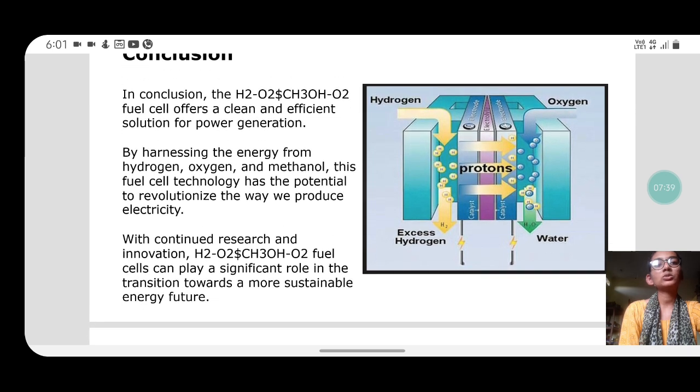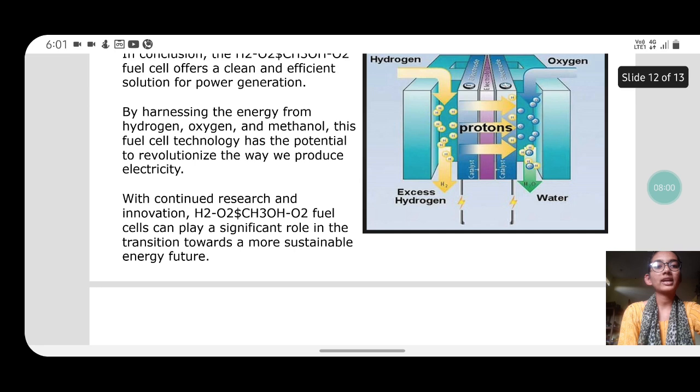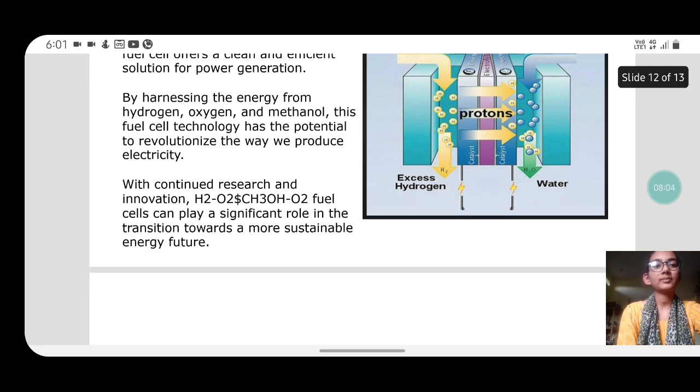Conclusion. In conclusion, hydrogen-oxygen and methanol-oxygen fuel cells offer a clean and efficient solution for power generation. By harnessing the energy from hydrogen, oxygen, and methanol, this fuel cell technology has the potential to revolutionize the way we produce electricity.